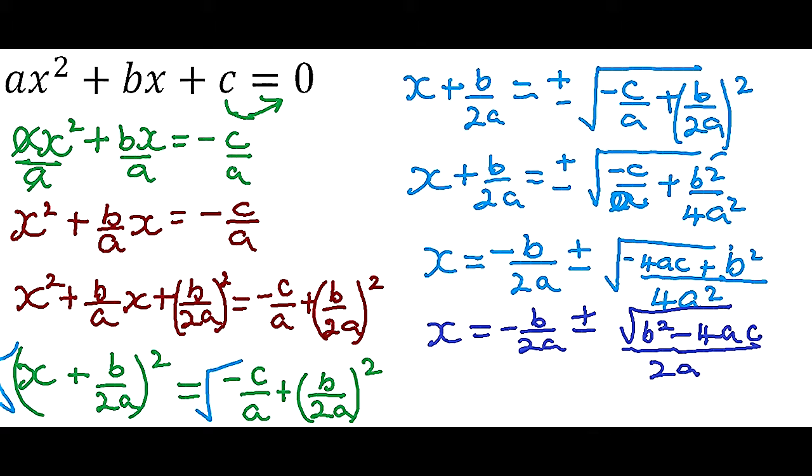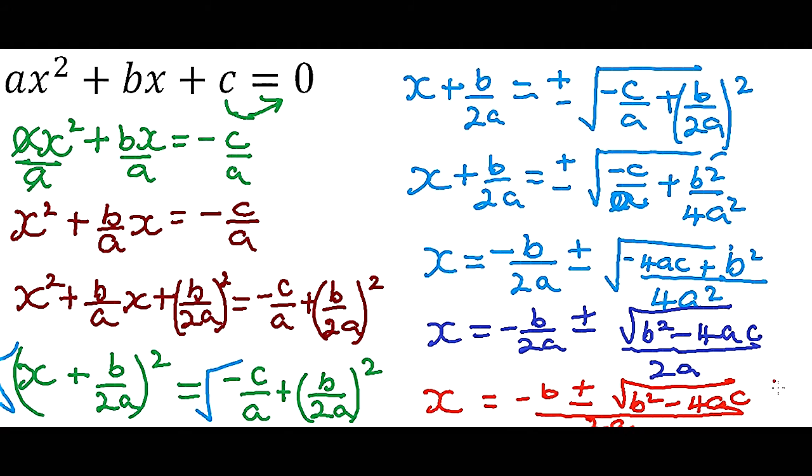Now if you look at this here, minus b over 2a, and this other side, we have a common denominator. So we now have x equals minus b plus or minus the square root of b squared minus 4ac, all this divided by 2a.